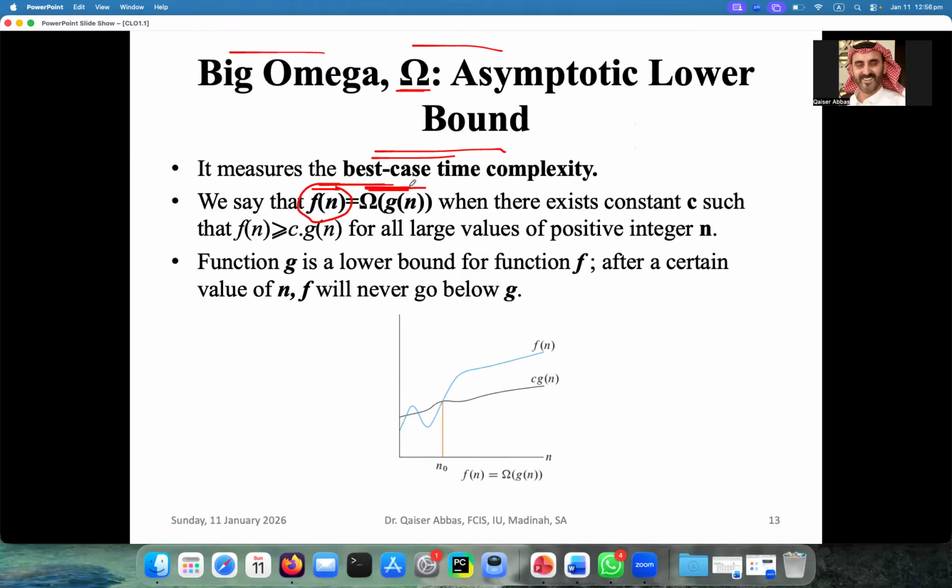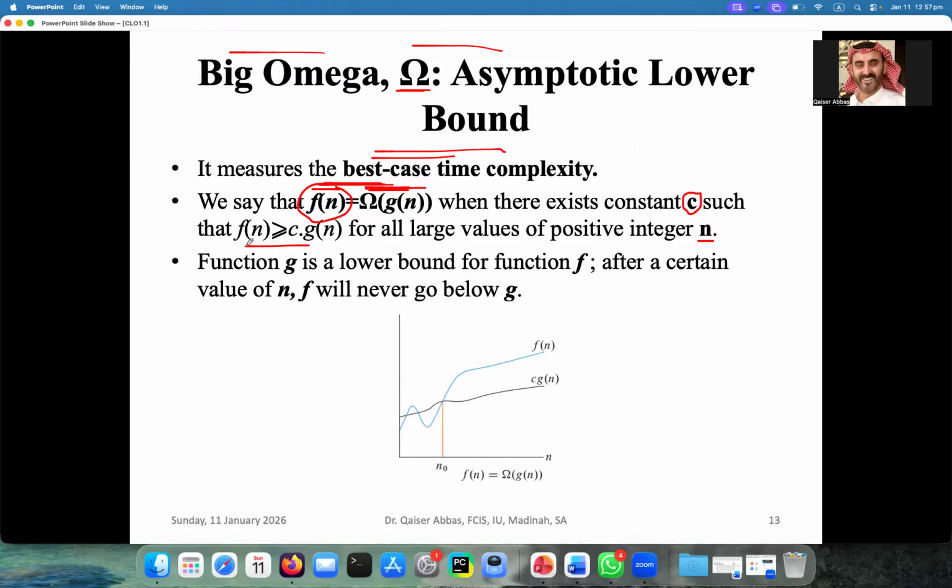And when will this be true? If we can find some constant c and also a value n0, the same definition, for all the inputs of n beyond which f of n is greater than or equal to cg of n. This is exactly the opposite of the previous big O. Okay.